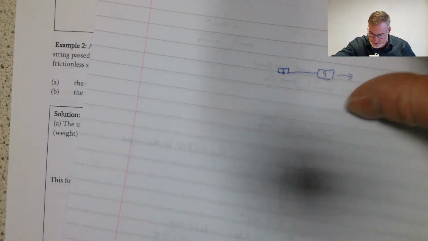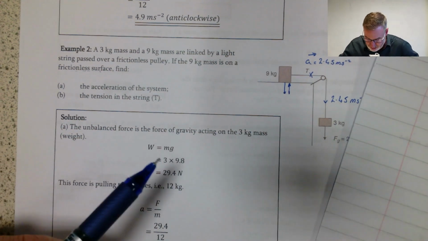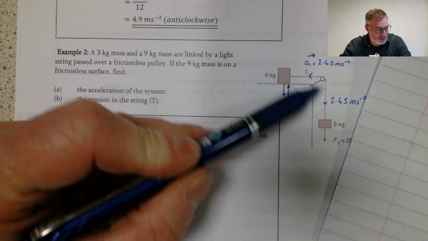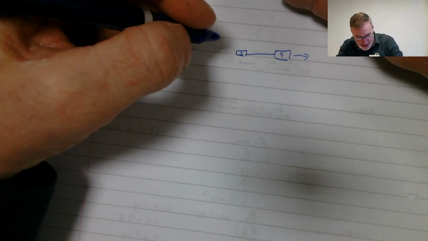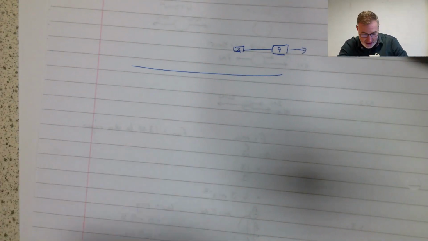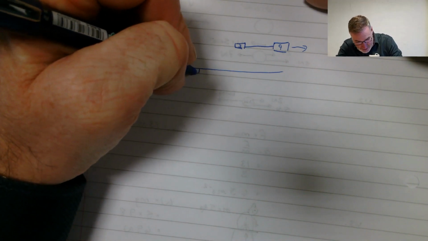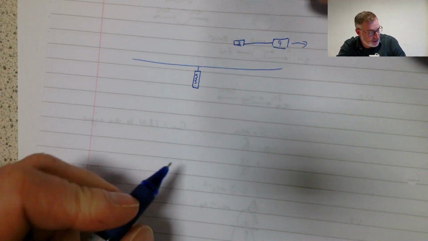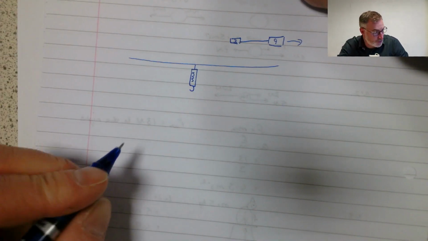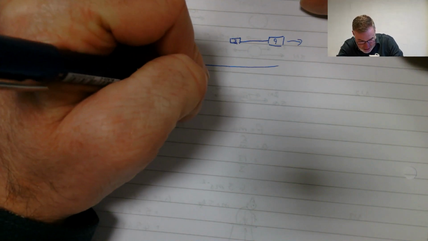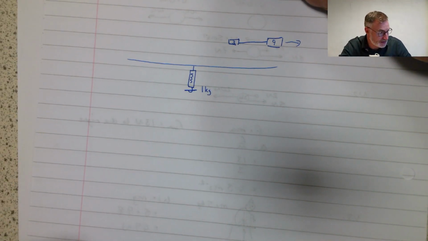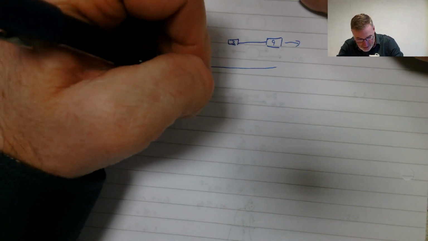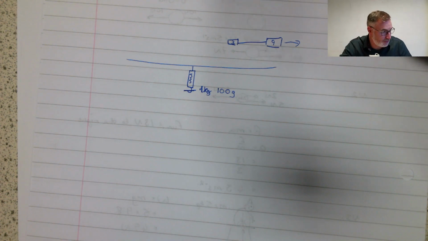Another way to look at tensions, and this will probably explain the differences in tension between the strings: imagine you've got a ceiling, and onto the ceiling you attach, and this is actually an experiment that you can do, a Newton balance, which will measure the force, and on that you attach, say, a 100 gram mass.